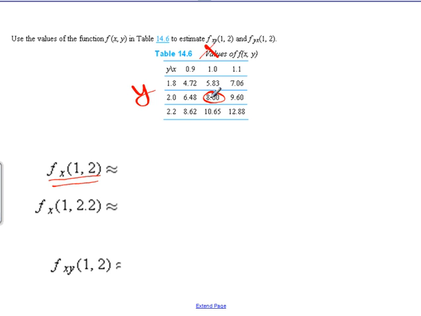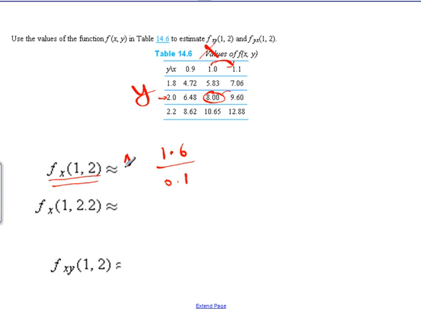If we want to find f partial with respect to x, we're saying as x goes from 1 to 1.1, where we fix y, so keep y at 2, and change x, what happens is our z value goes up 1.6 from our x values changing by 0.1.